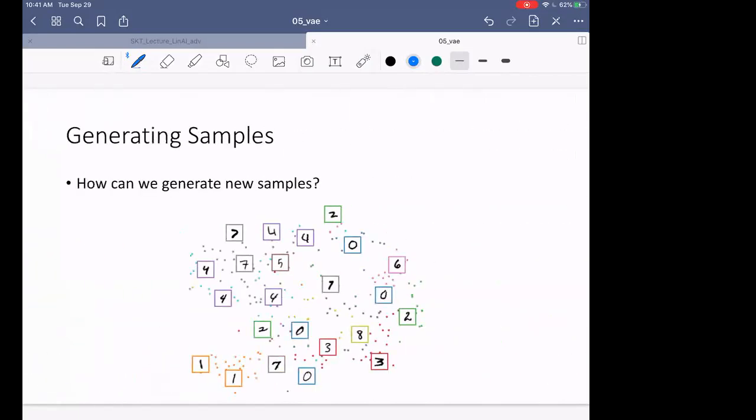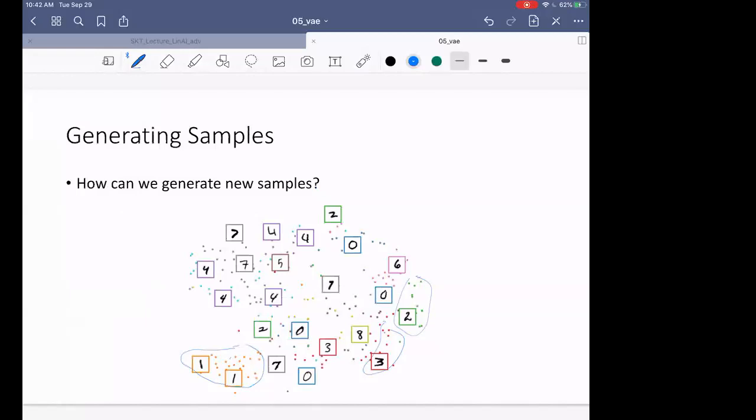So for example, here the 1s live in this region compared to the 3s here, or 2s here, right? So the Z space is rather shaped nicely so that there's a cluster of things. So given that space, can we generate new samples?